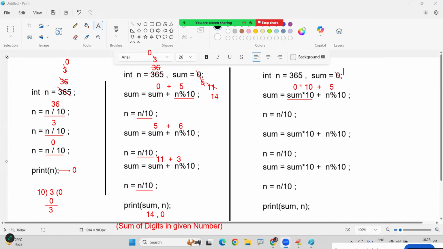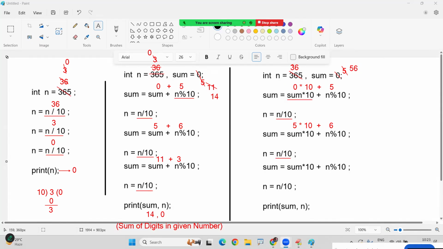Sum value is 5. n / 10, same story, 365 becomes 36. Next again, what is the sum value? 5 into 10 plus n mod 10. In 36, what is the last digit? 6. 5 into 10 is 50, plus 6, 56 will be stored into sum. 5 becomes 56.